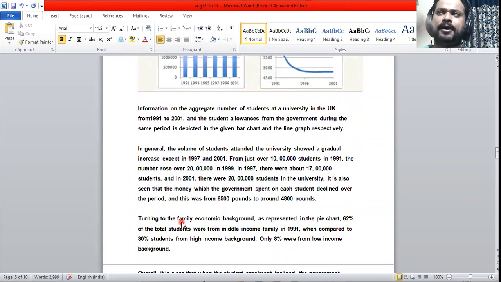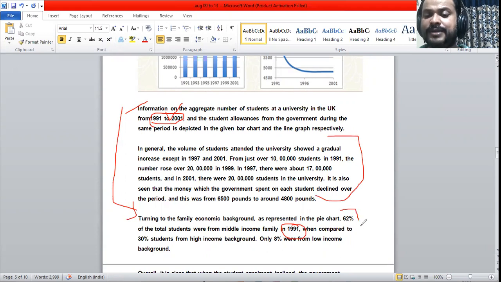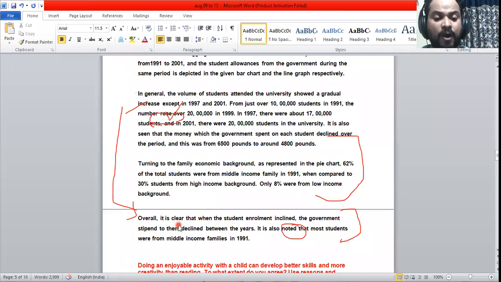So 2 separate parts we have said the introduction. I have said the main information here, and the subsidiary introduction is here. So why have I said that this is a movement data and this is a static data? This is data of a particular year, this is data of a duration. So first we have to say that thing. Then we have said the static data, and at last we have said the overview.